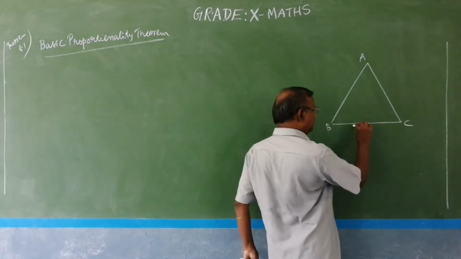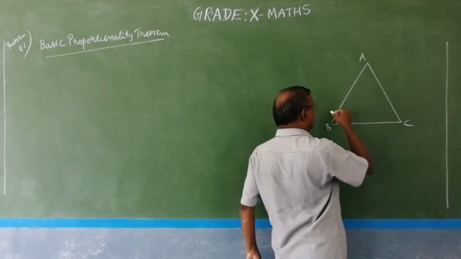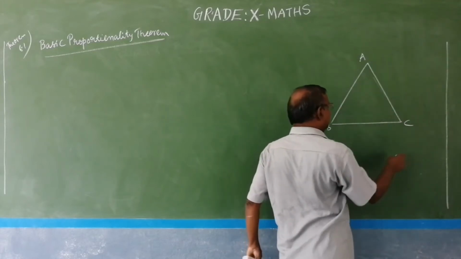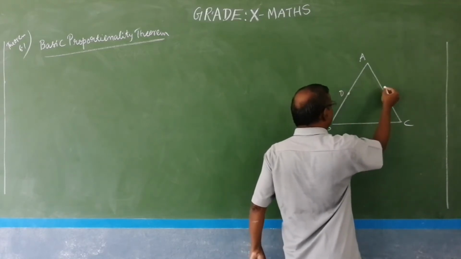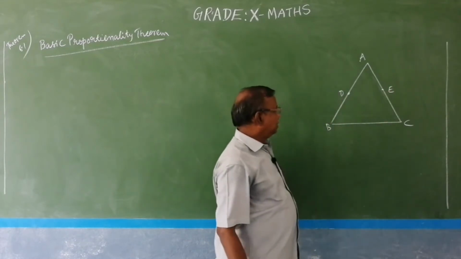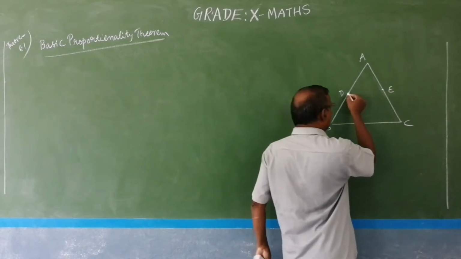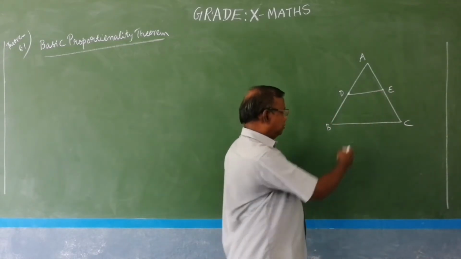The other two sides are nothing but AB and AC, in which the two distinct points, let them be D and E. Here I am drawing a line DE parallel to BC.